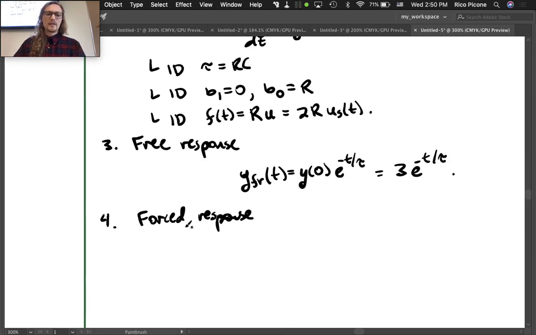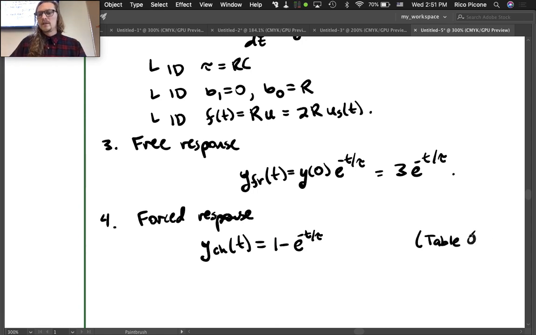So let's write y characteristic, we'll say ch, of t is 1 minus e to the minus t over tau. And this was using Table 6.1.